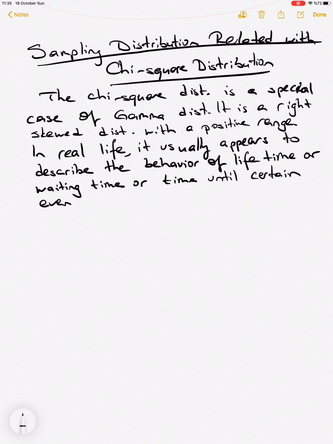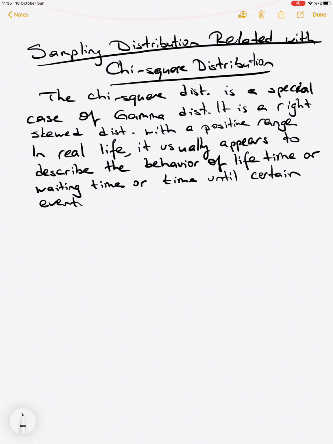So usually we end up with chi-square distribution in these real life problems.